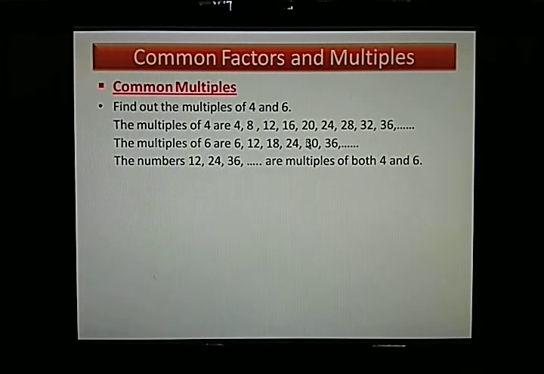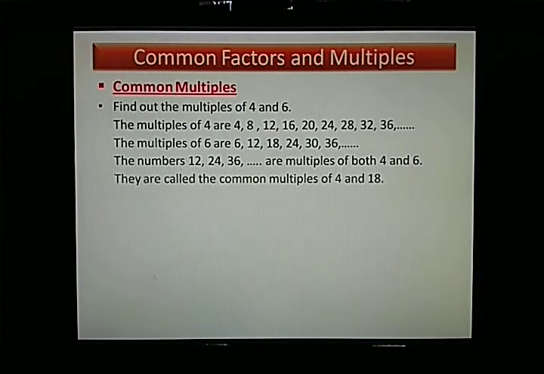We cannot say this much are the common ones and the rest is not common. There may be many multiples which are common in both these cases. So here also you can see 12 is common, 24 is common, 36 is common. So these are the common multiples, and there is a dot dot dot symbol because there may be more common multiples.